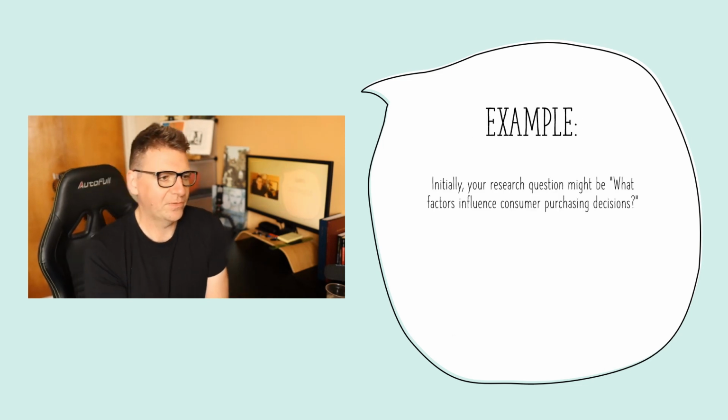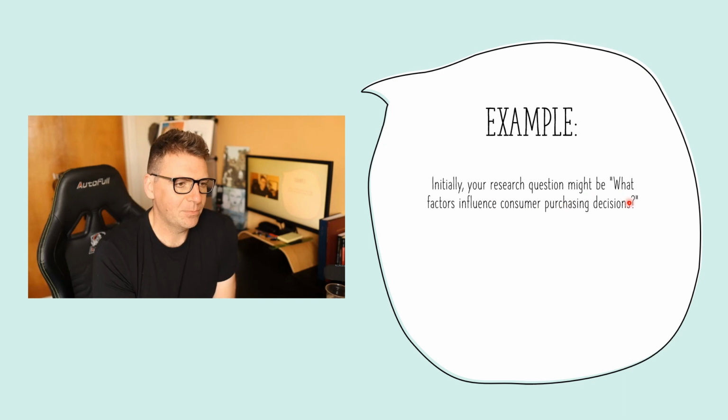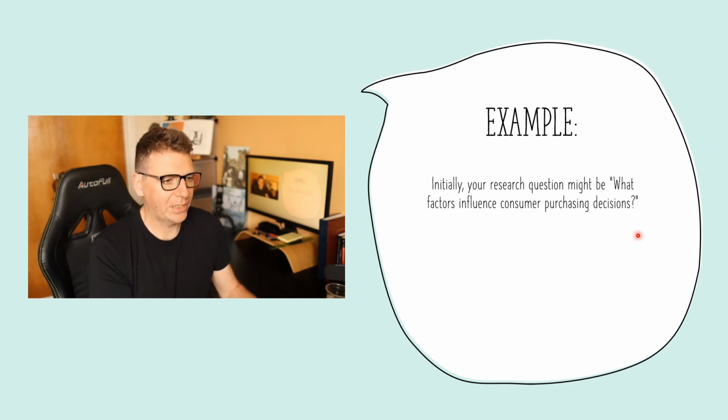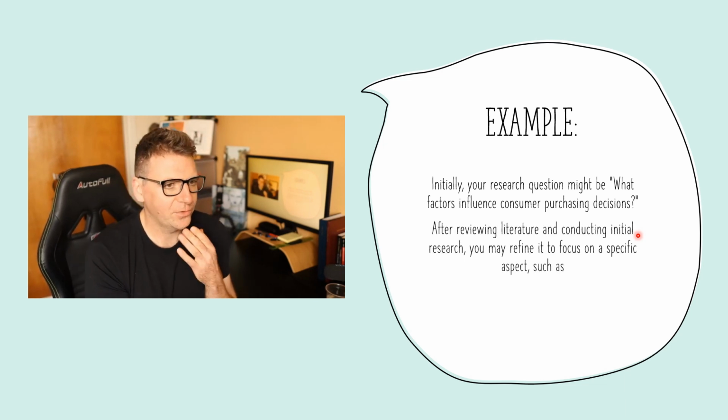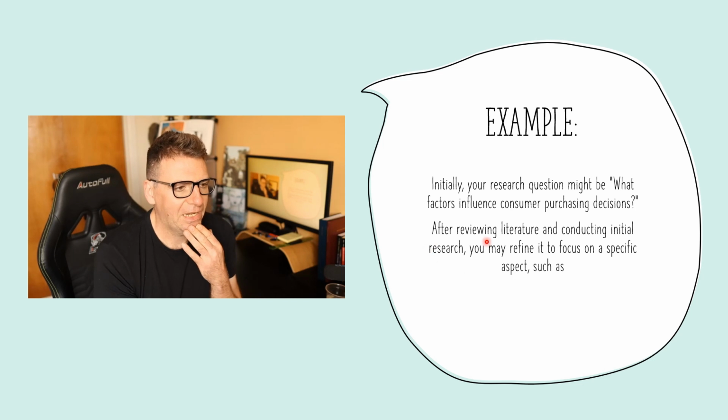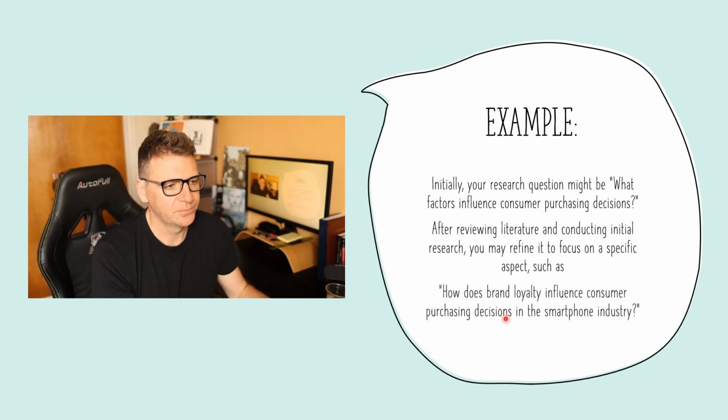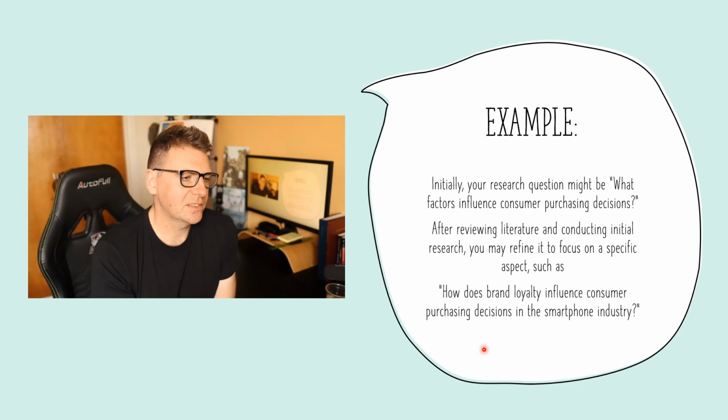Here's an example of that. So initially your research question might be, what factors influence consumer purchasing decisions? It's quite a broad question, quite a tricky question. So let's refine it further. After reviewing literature and conducting initial research, you may refine it to focus on a specific aspect. So how does brand loyalty influence consumer purchasing decisions in the smartphone industry?